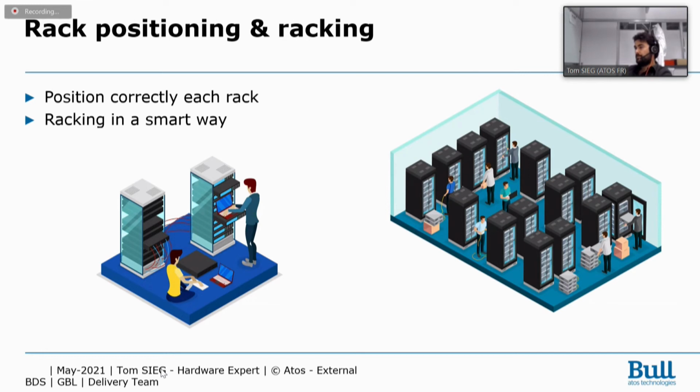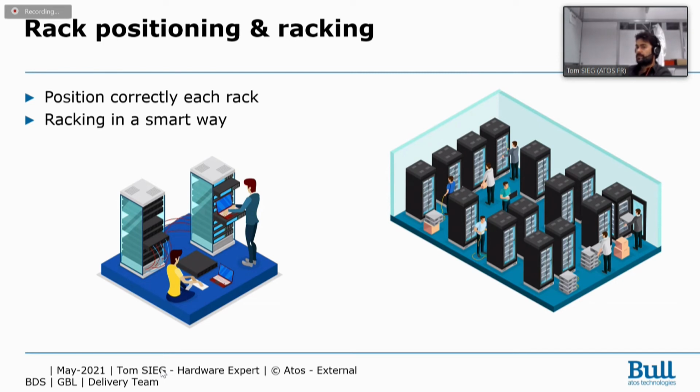Be sure they will be in the right row. If the front is in the cold row and the rear in the hot row, just be sure all is good and you position each rack correctly.